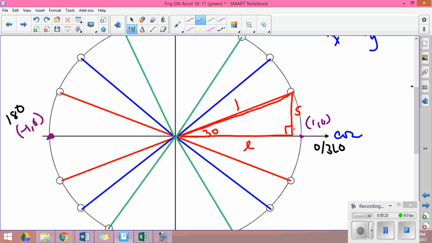We know our hypotenuse is equal to 2 times the short side, so in this case our short side is 1/2, and then our long side is equal to our short side times the square root of 3. So we have the square root of 3 over 2.